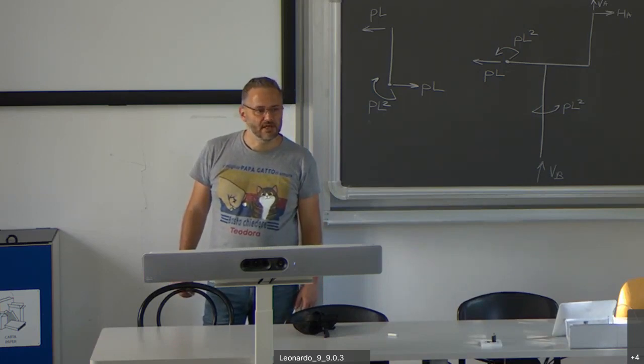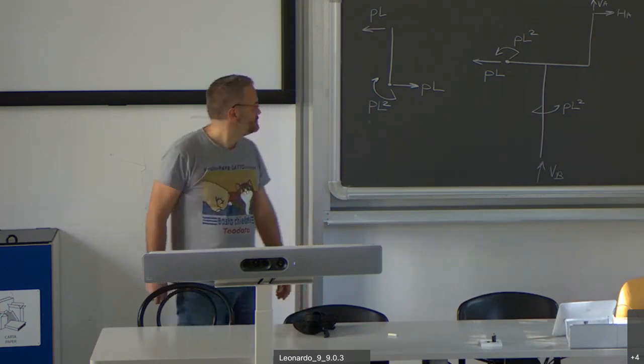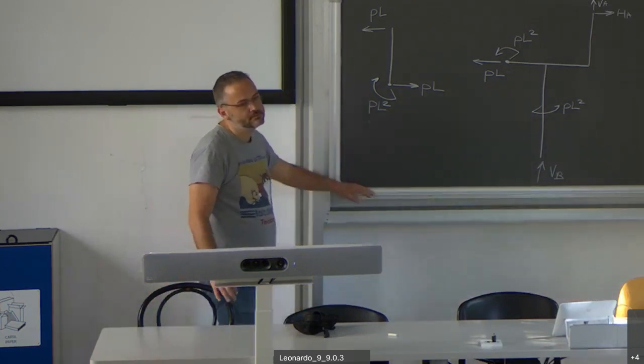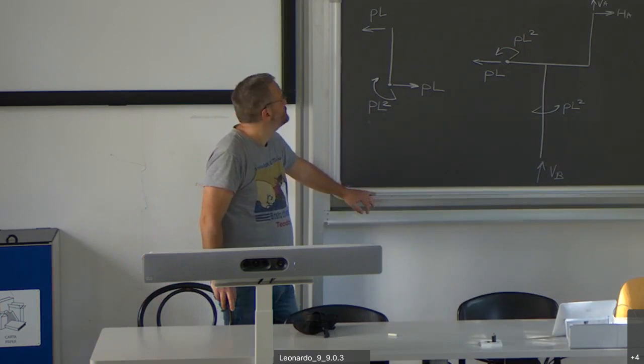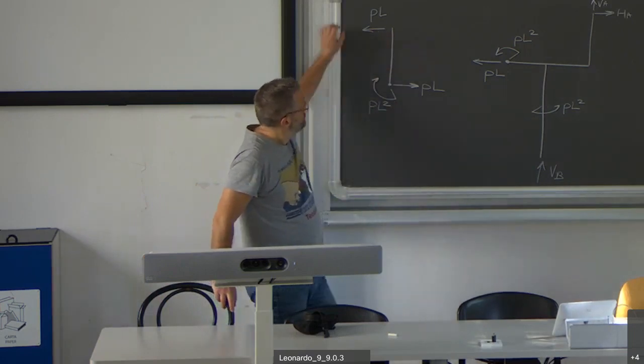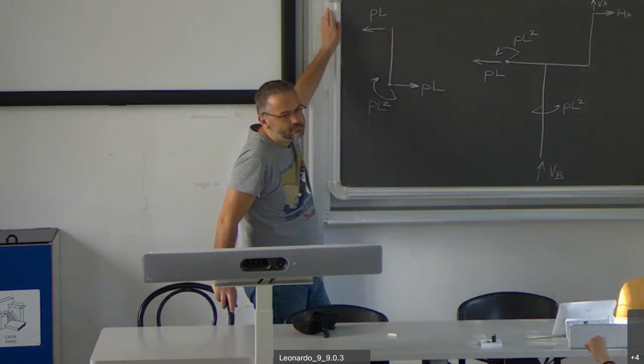A question. Why is the moment that you draw on that point over there clockwise rather than anti-clockwise? If you imagine this and you're pulling it from here and pulling it from here, it's rotating anti-clockwise. So to keep it in equilibrium, we need it clockwise. I'm getting lost between what's happening and what's counted.